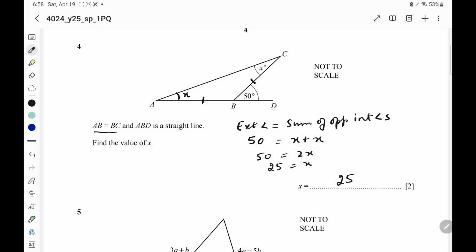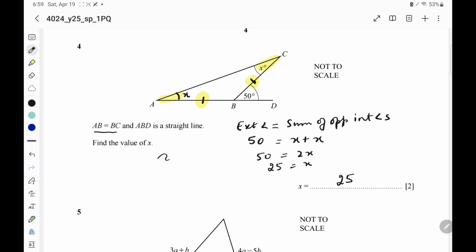If you don't understand, this property is there in the book also. The exterior angle is equal to the sum of the opposite interior angles. Otherwise you can take, for example, these two sides are equal, then these two will be the base angles.